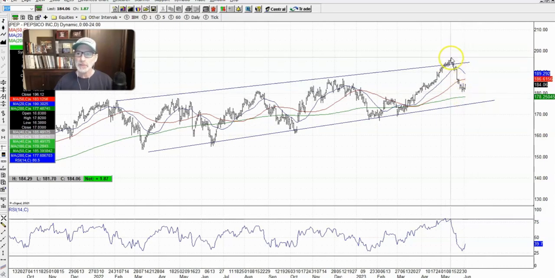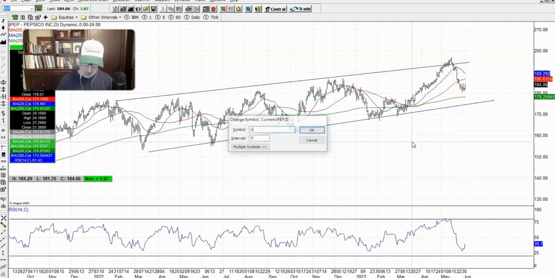It's fallen a decent amount, so maybe you want to nibble here and see if you can catch a little bit of a bottom. If it keeps falling, you can nibble a little bit more. And this would be the real nice area to potentially get in, because look how it's held all these other times. If you're very conservative, maybe you wait a little longer to see if Pepsi will turn. If not, you can nibble a little bit here. But great company, getting a pullback like this can be a gift.